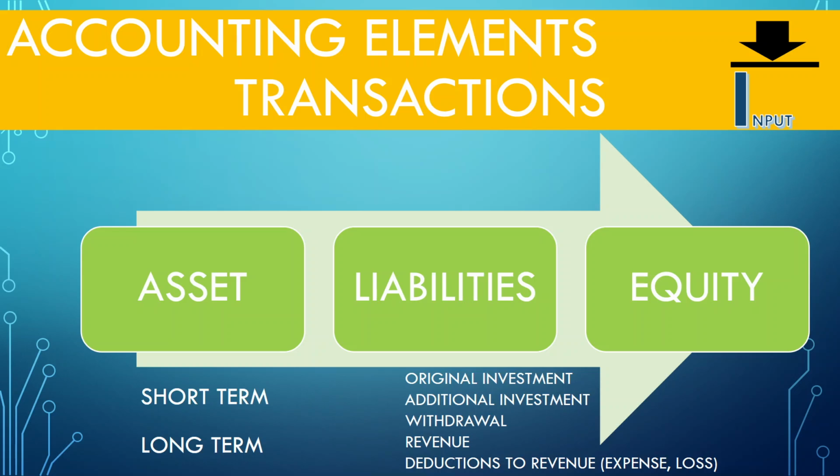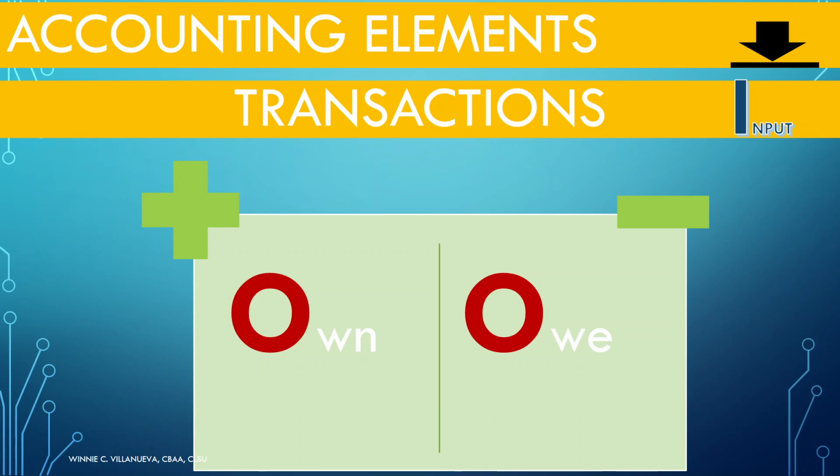The equity will have 5 items. These are the original investment, an additional investment, withdrawal, revenue, and deductions to revenue. So our code there with our transaction is ALE, and your asset and liability is of 2 items, and your equity is of 5 items, all of which will be the input as part of your accounting elements.